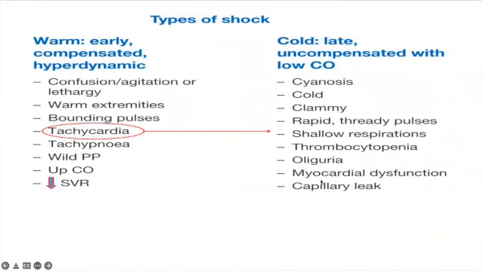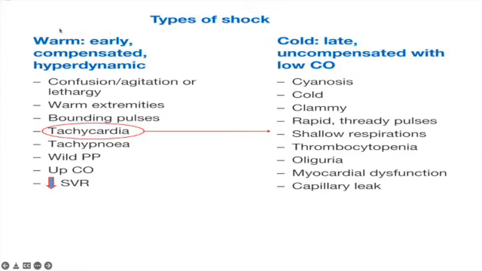dysfunction. So the issue with having those two classifications in septic shock is the cardiac function. It has been found that in cases of cold shock, most of the time you will expect myocardial dysfunction, so it's a little bit straightforward.